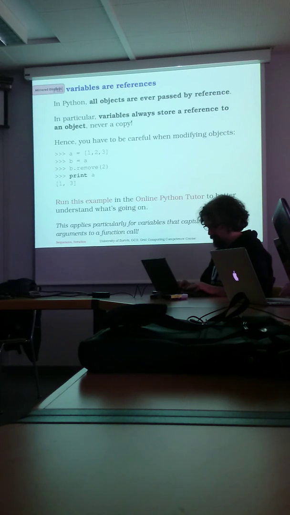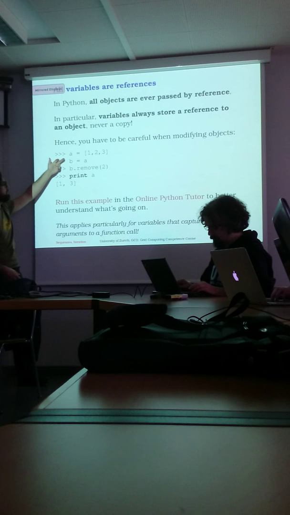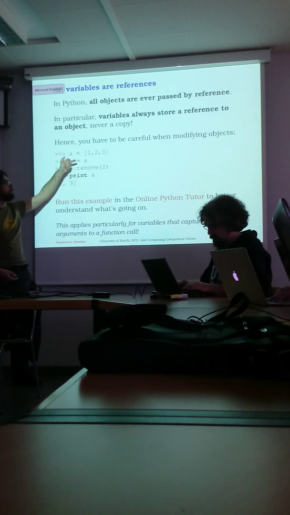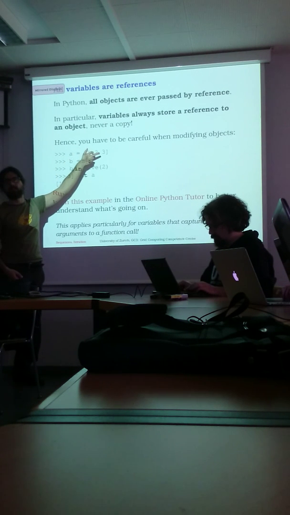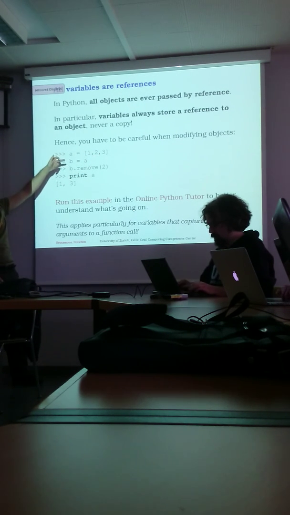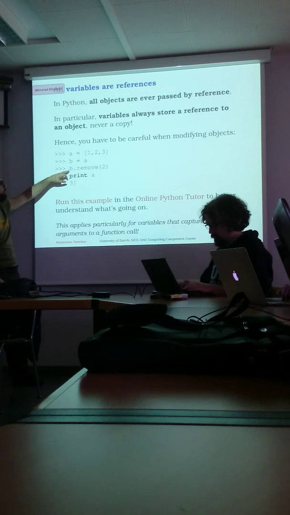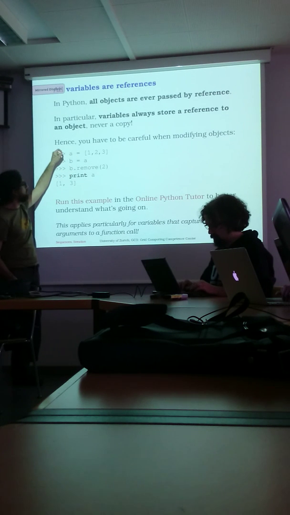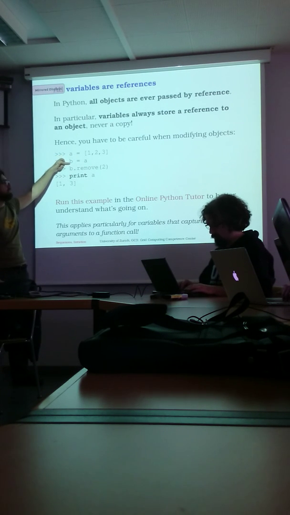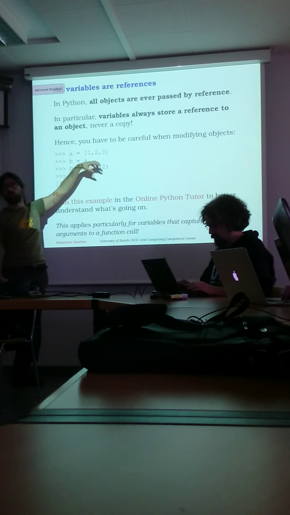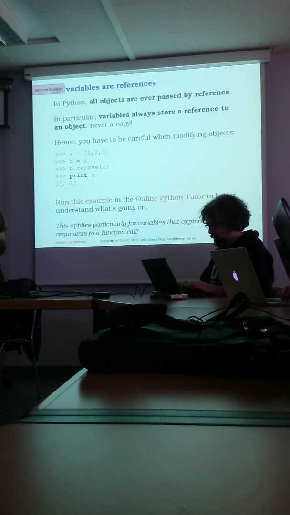It's not the object itself. And when you do an assignment, you basically create a new name for the same object. So when you run this assignment, B and A point to the same list. You are not creating a copy of the list, which means that if you remove an element from this list, it is removed from the only object you have.